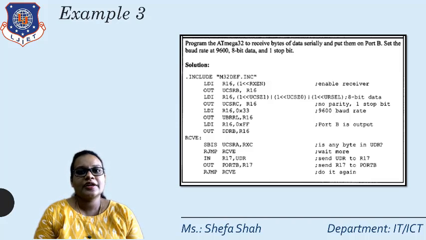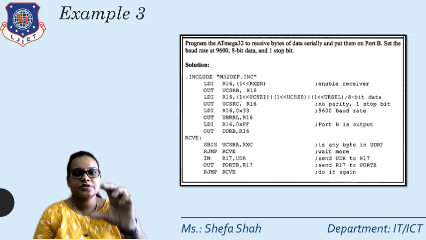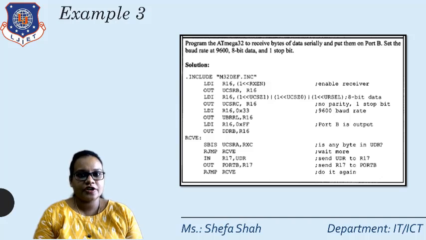In DDRB we send 0xFF to make port B an output port. Using LDI and out instructions, we make DDRB, that is port B, an output port. So this is the initialization of the first program.